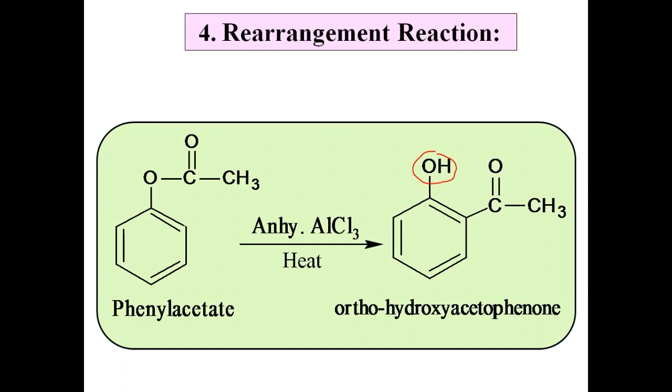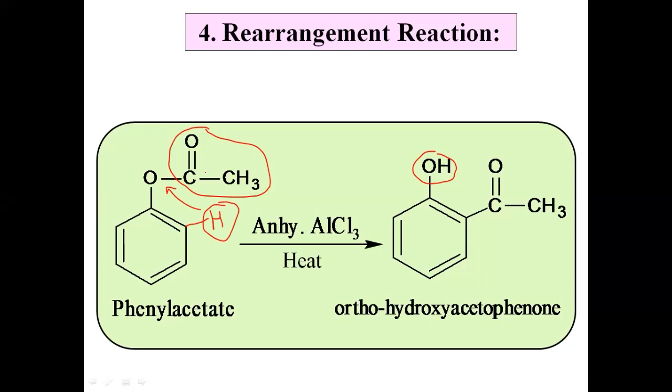Actually, what happens here? This COCH3, that is the acetyl group, migrates from oxygen to this ortho position. In this reaction, there is no substitution. There is no replacement from the outside. There is no addition, and also there is no elimination.